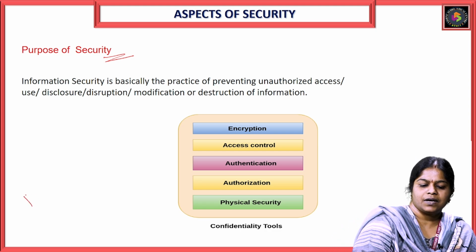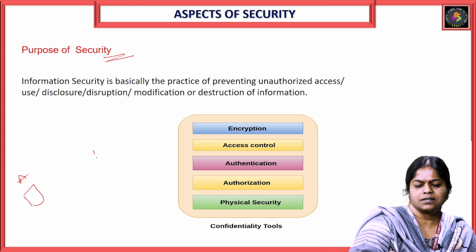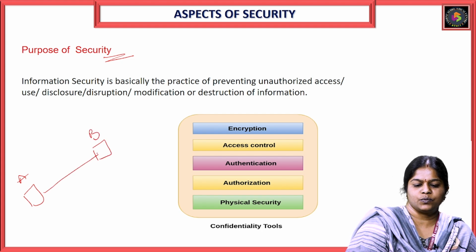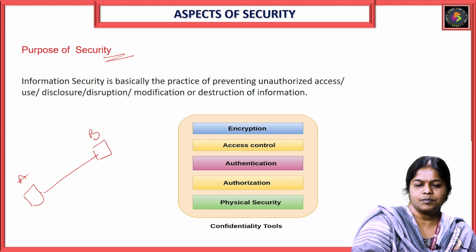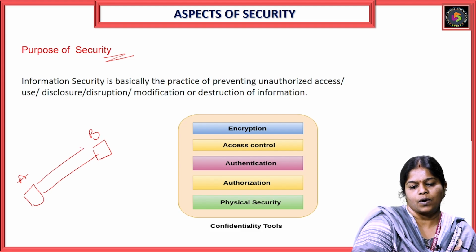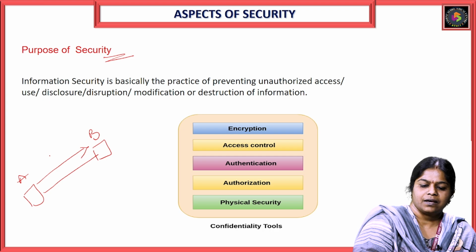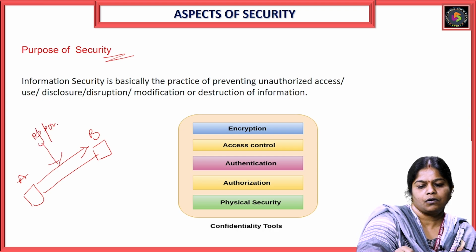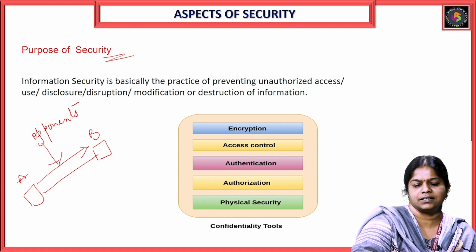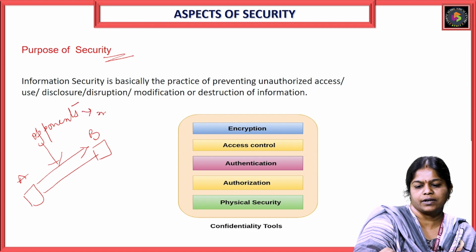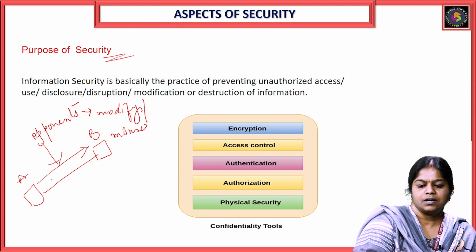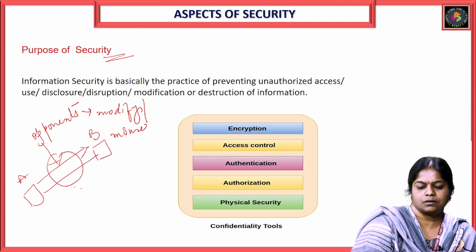We all know that we have node A. Just assume that we have two nodes, node A and node B, and we have a medium in between node A and node B, where the information is transmitted from one node to the other node. And here there is a chance of the opponents to hack the data, modify the data, or misuse the data or the information on this network.